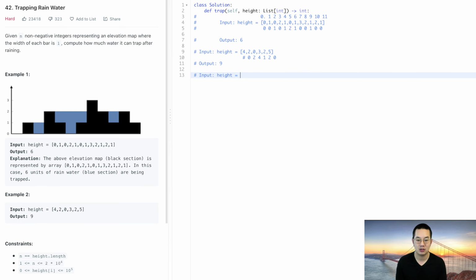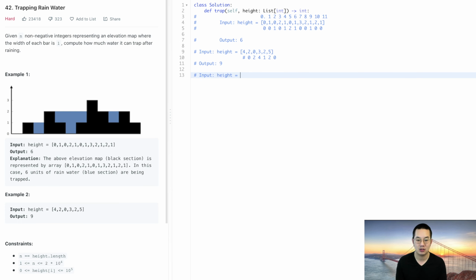Okay. With that, we're done with understanding, and let's start with matching. The match is going to be pointers. If we use pointers on the left and right max, then we can find the height of the value in the middle.